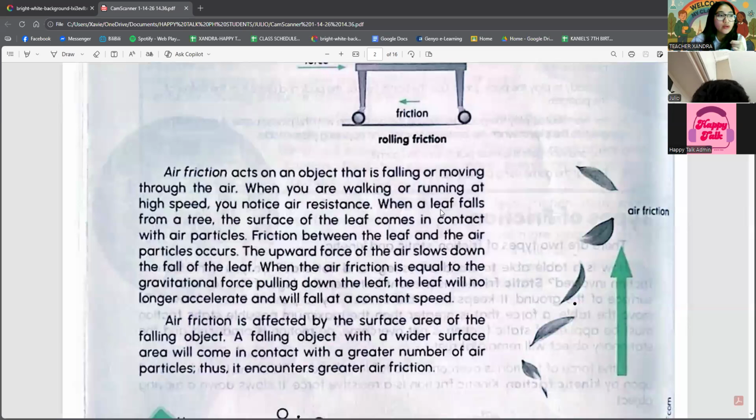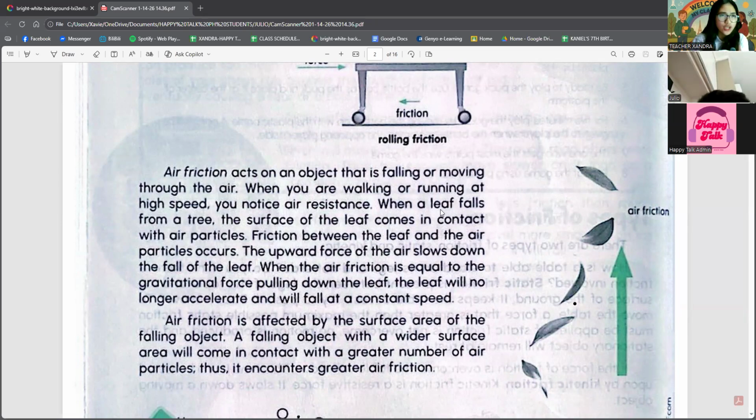Again, Julio, static friction stops things from moving at first. Sliding friction slows down things that are sliding. Rolling friction slows down wheels, but not as much. Air friction slows down things moving through air.